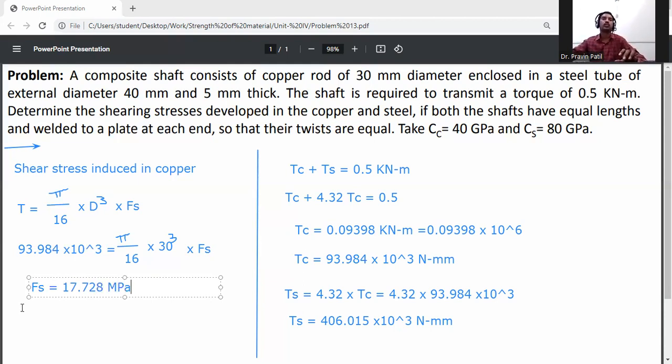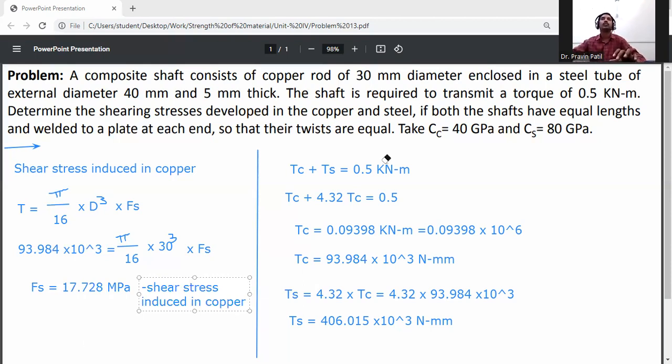So this is the shear stress induced in copper.